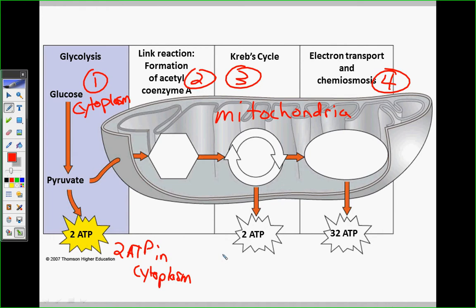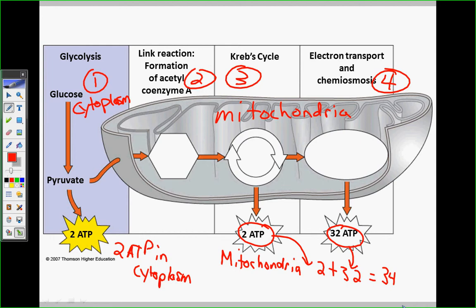Let's see this. So I'm going to write mitochondria. And I'm going to go like this. Well, I have this one, 2 plus this one equals. All right. So from one glucose molecule, how many ATP can be made? 36.